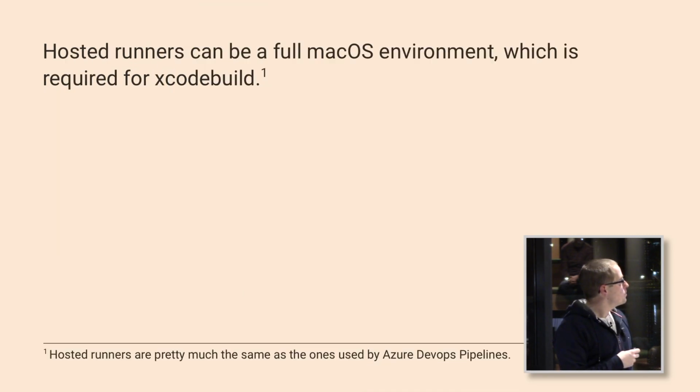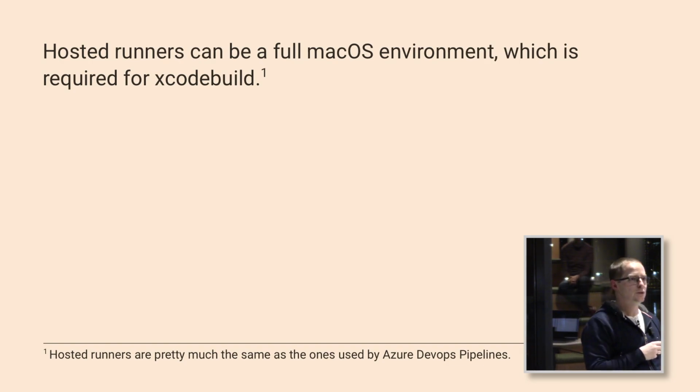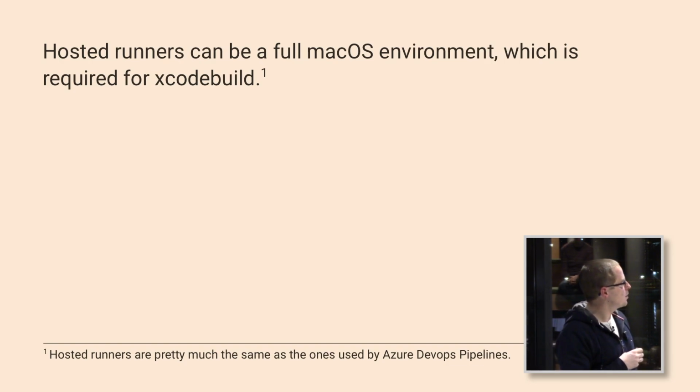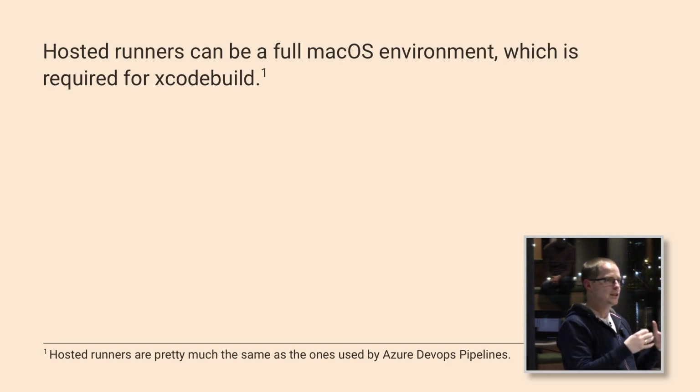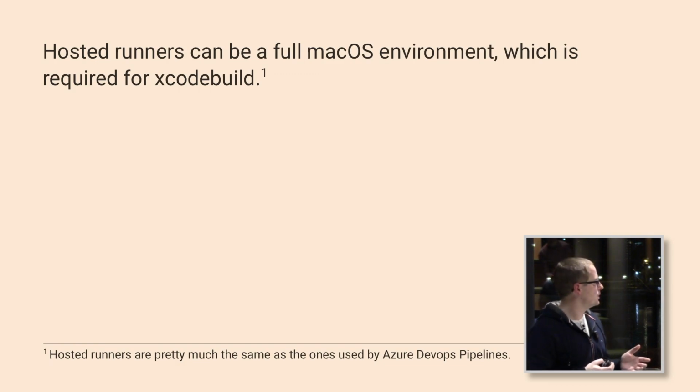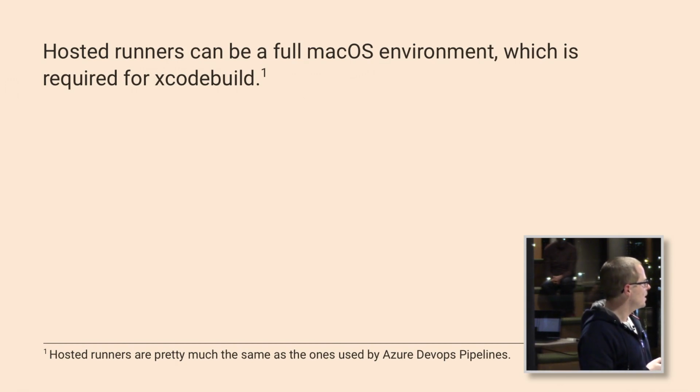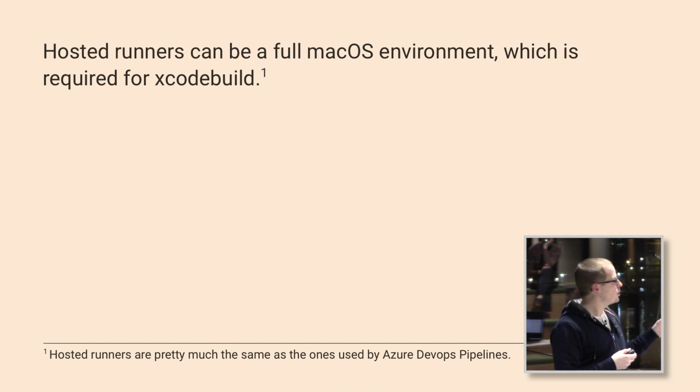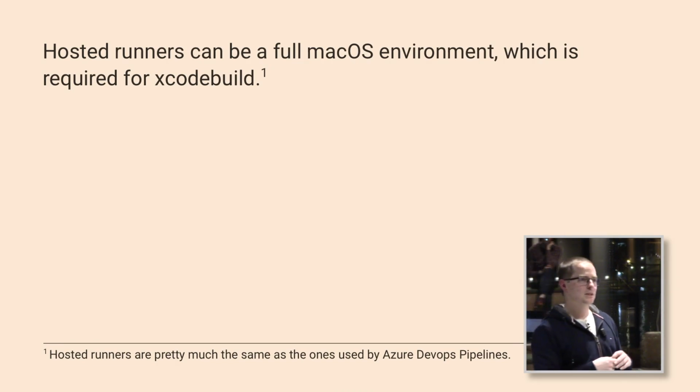So the thing that you need to understand is that the hosted runners that GitHub uses are actually full-blown macOS environments. So it's a macOS installation that runs virtually, and it's a pristine environment with some tools installed, which is of course required if you want to run Xcode build. And something that I noticed is that GitHub Actions and the Azure DevOps pipelines actually share the same pedigree.